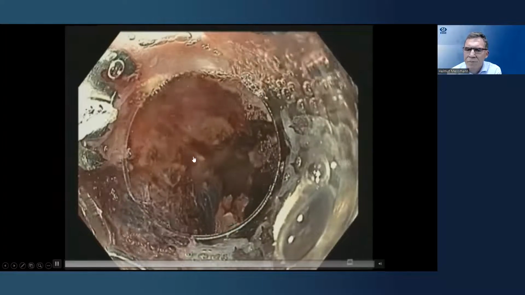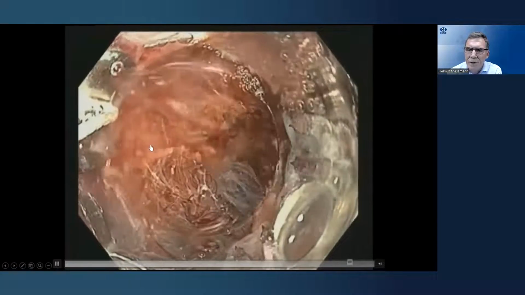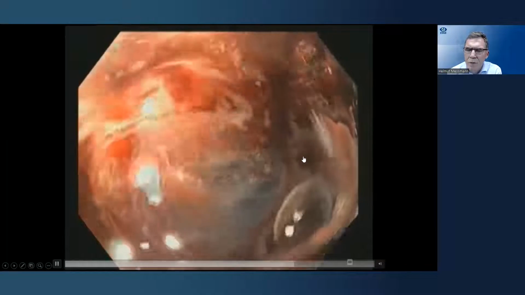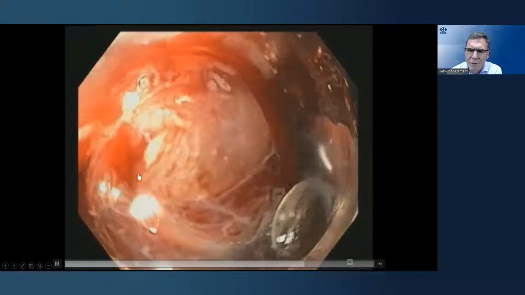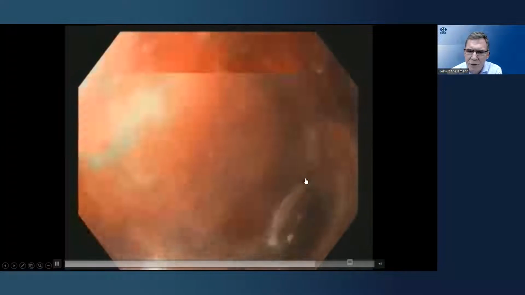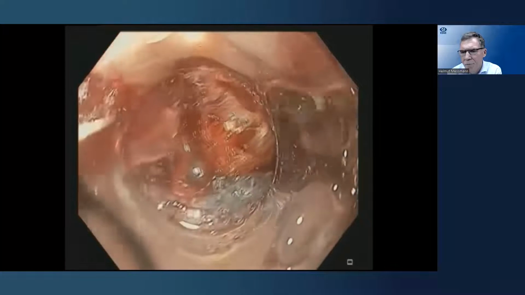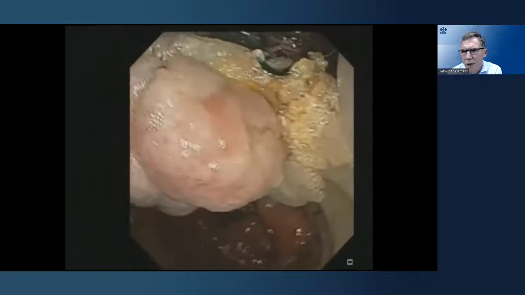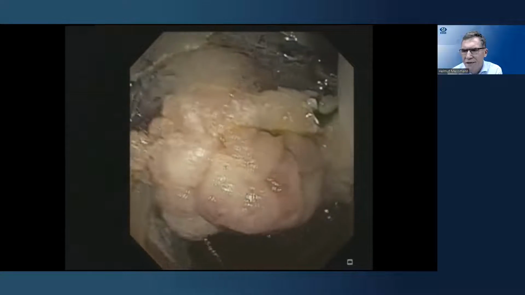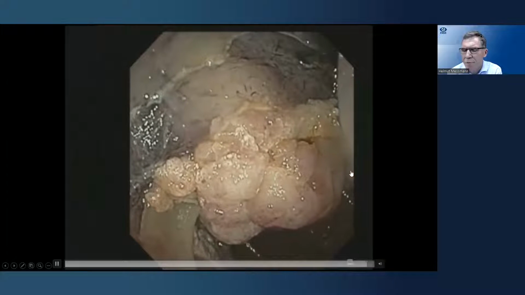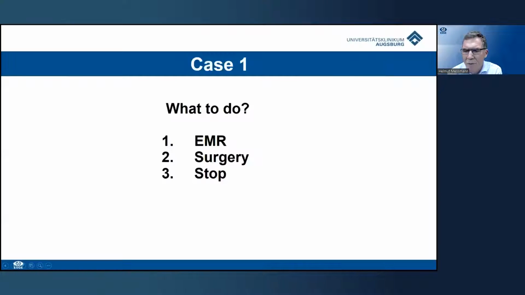It was here, and then here is the perforation, very small, 2 millimeters maybe, and then the clip was placed, and this is the result at this stage. Here you see the Ovesco clip, and this is still something in place.